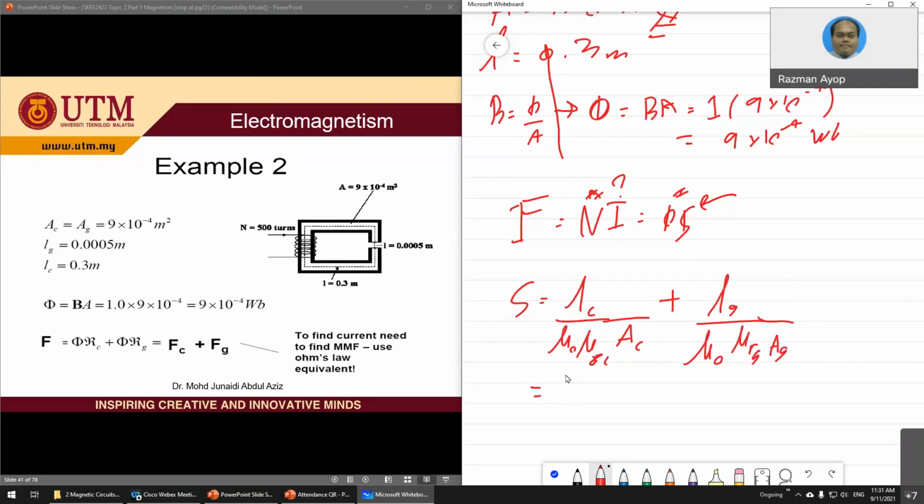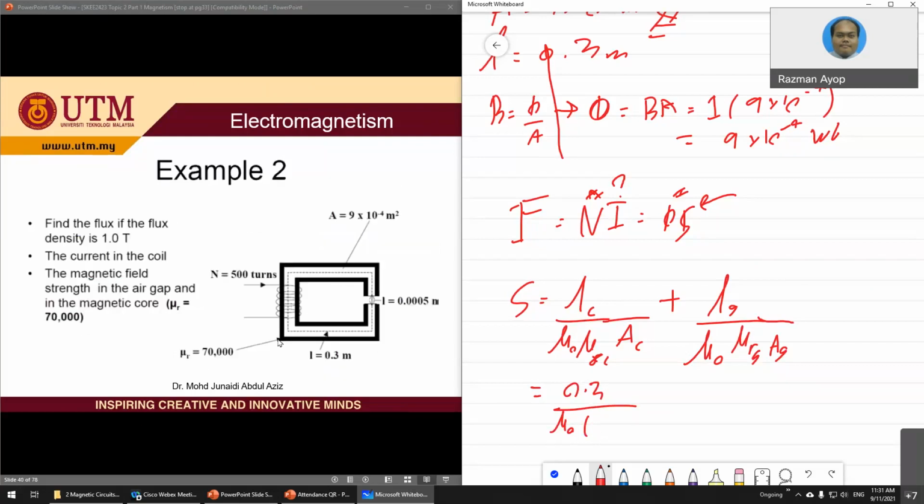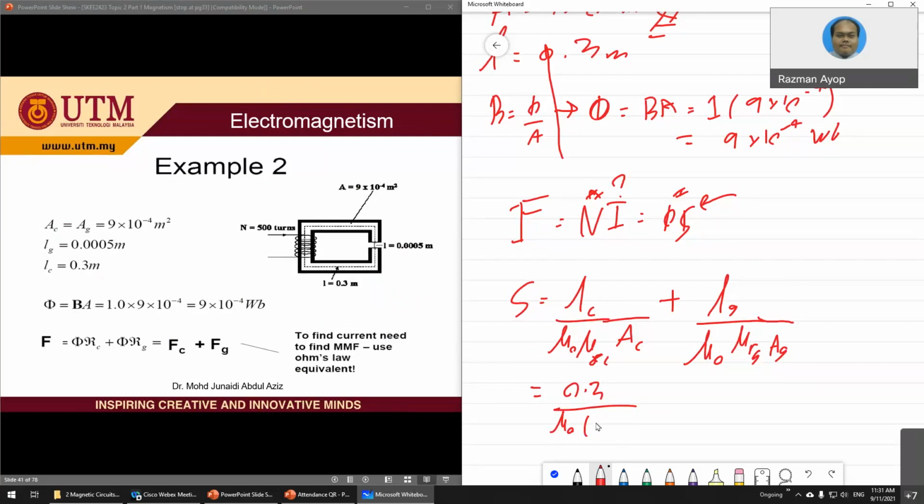So you have to use this. The length, where is the length? The length is 0.3 divided by mu naught. The relative permeability is, 30,000, right? Sorry, 70,000. Okay, 70K. And the area of the core is 9 multiplied by 10 negative 4.